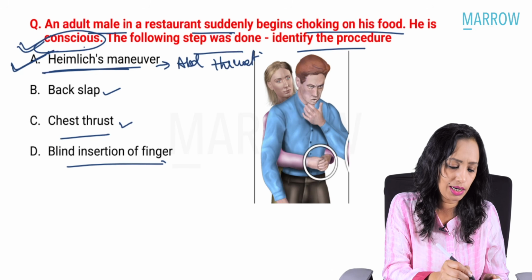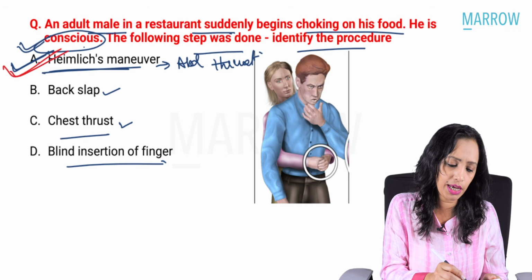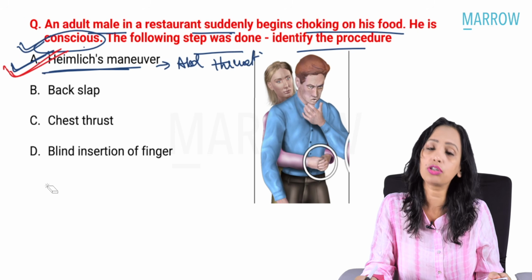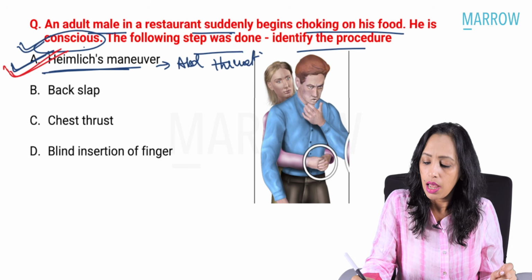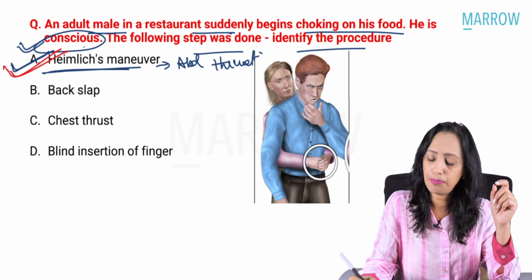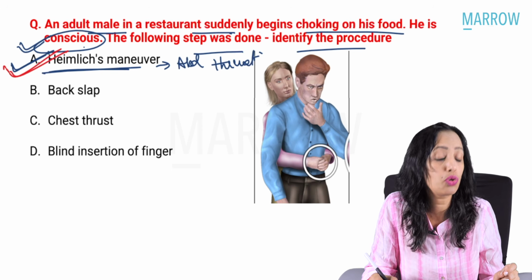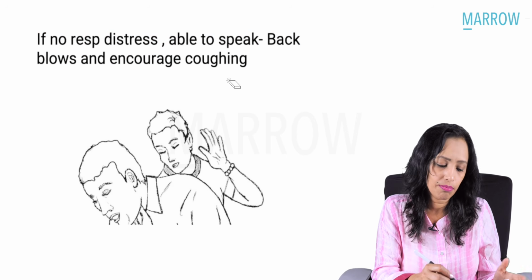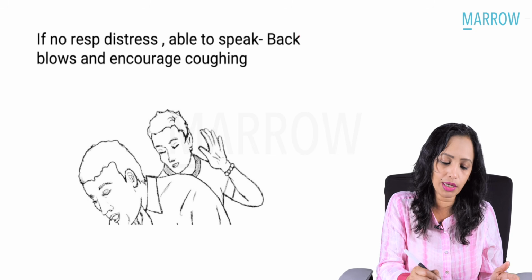So yes, clearly the answer here is Heimlich maneuver. Not back slap, not chest thrust, not blind insertion. So quickly, let us see what the steps should be whenever a patient starts choking on food. The first step is to encourage coughing, back blows, back slaps you can give.